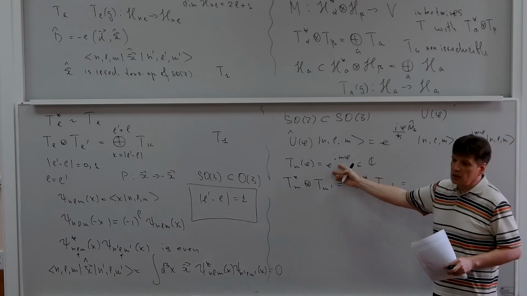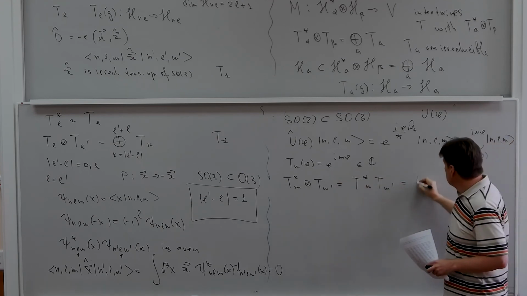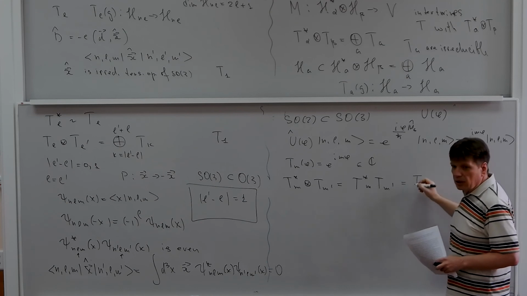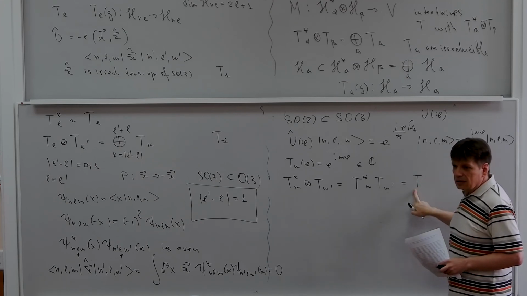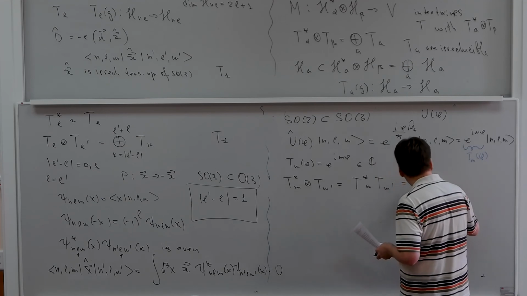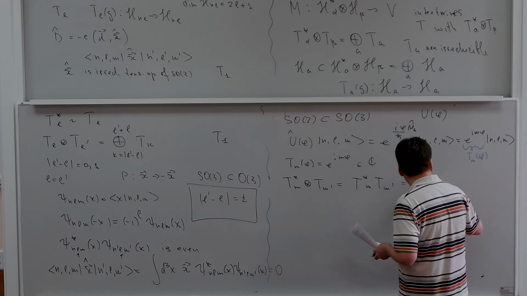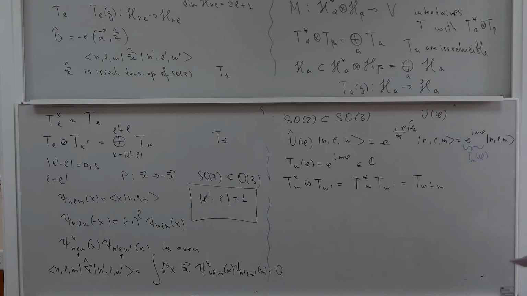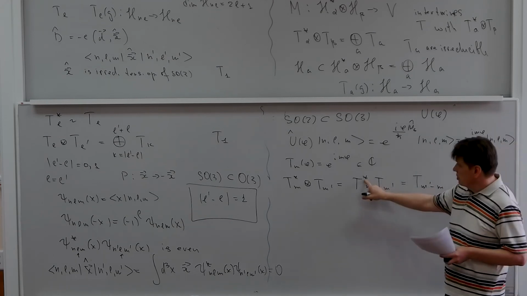And multiplying the exponential functions, I get again T with index m prime minus m, because of the complex conjugation here.